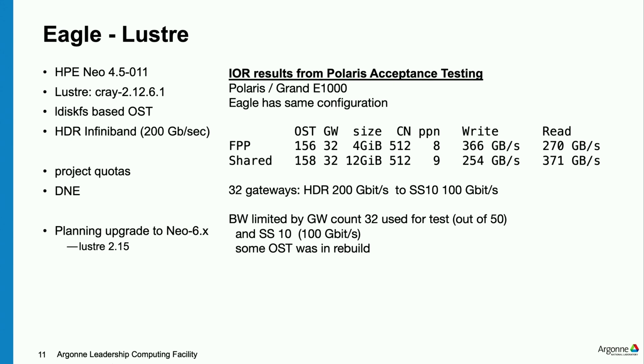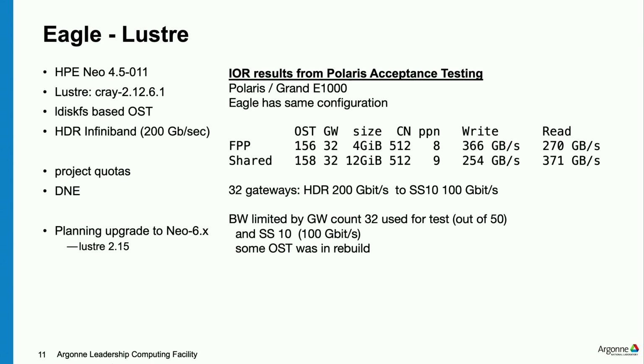So on the right, there are results from Polaris acceptance testing and that test. We accepted Polaris earlier, but that specific test ran last fall. The test was running against the Grand file system, which is totally equivalent to Eagle, and performance is the same.